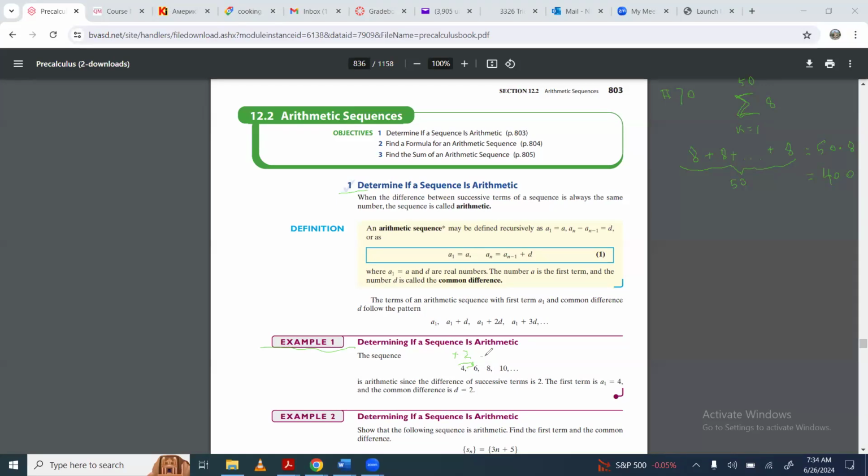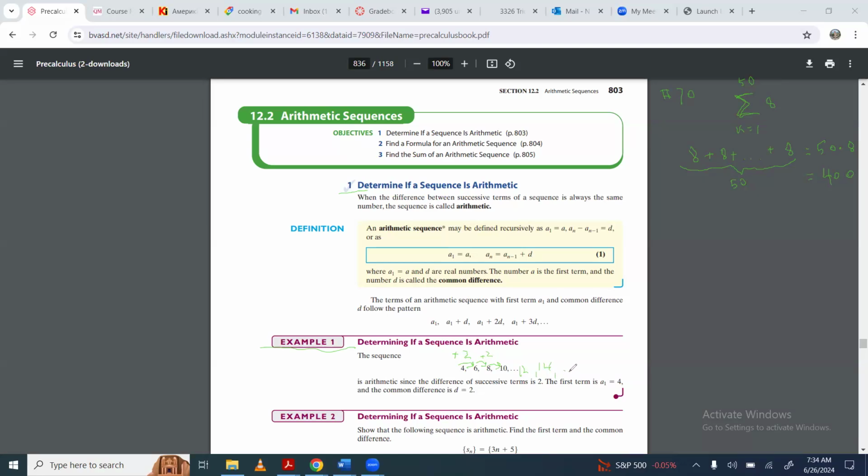And if you add 2 again, you will get 8. And then another 2, we get 10. And another 2, we get 12, right? And then we get 14, and 16, and so forth.